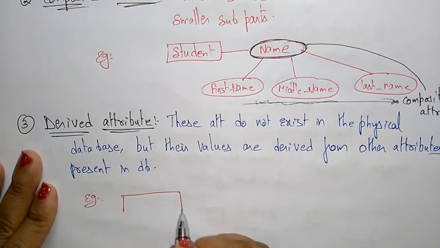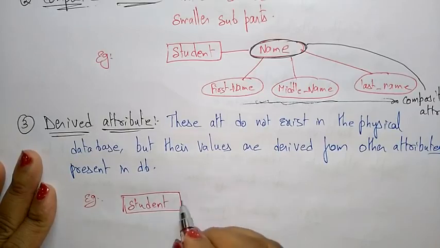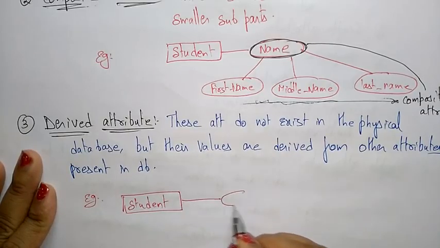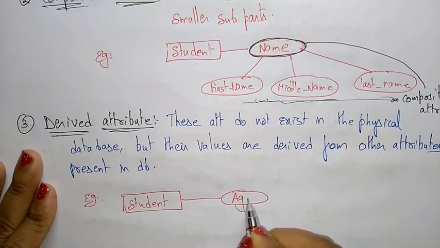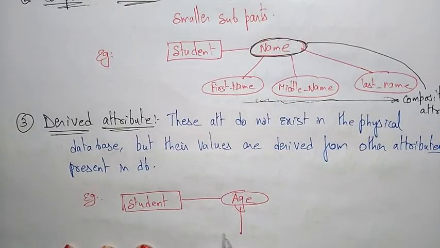Let us see an example of derived attributes. Suppose the student is an entity, having the attribute age. This age is derived from birth date.